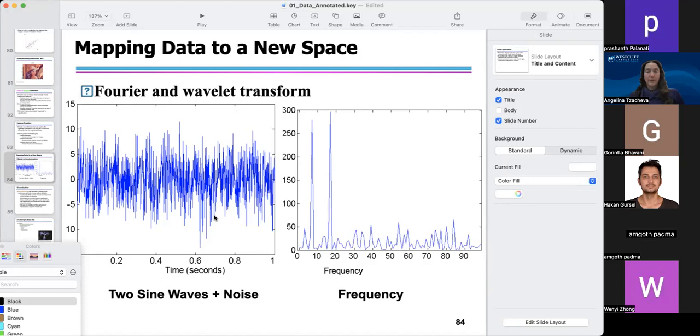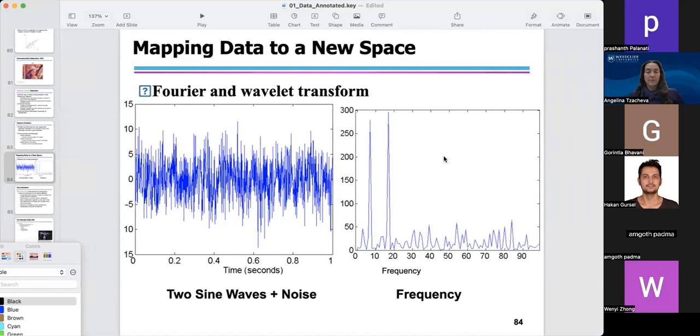Here we have a picture showing the sound. The Fourier transform allows us to convert from time domain into frequency domain.